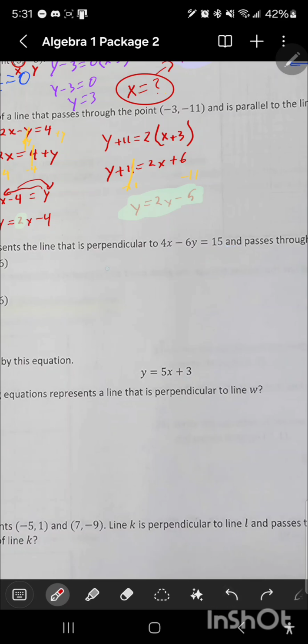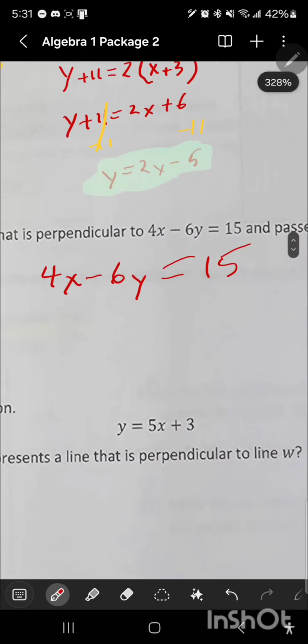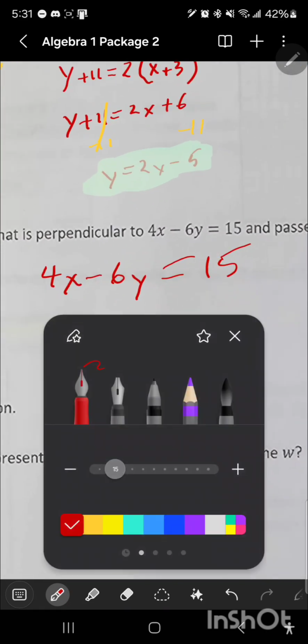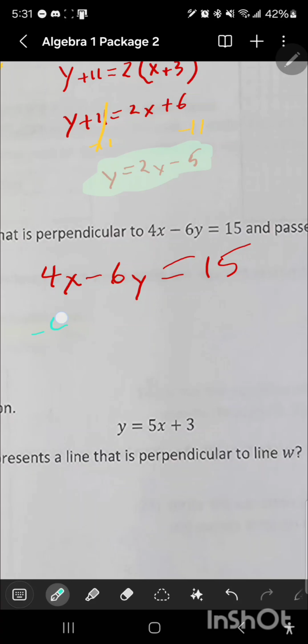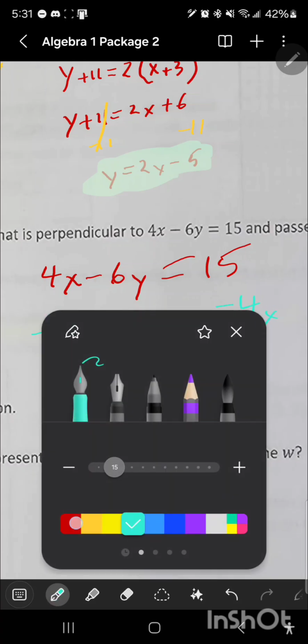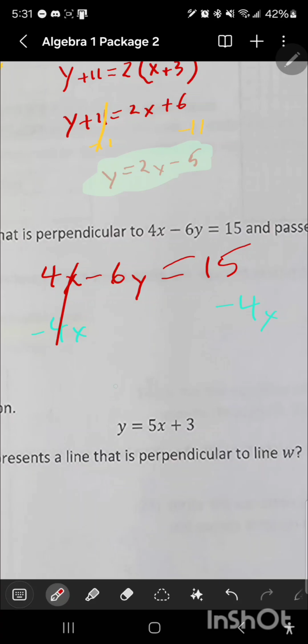I have 4x minus 6y equals 15. I'm going to take away 4x from both sides, so 4x minus 4x cancels out.